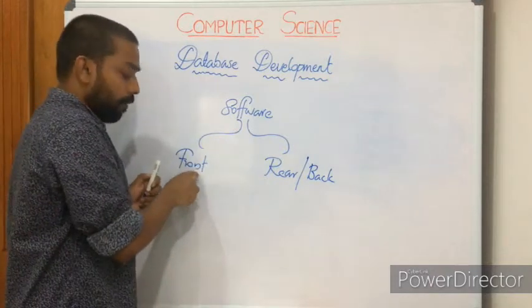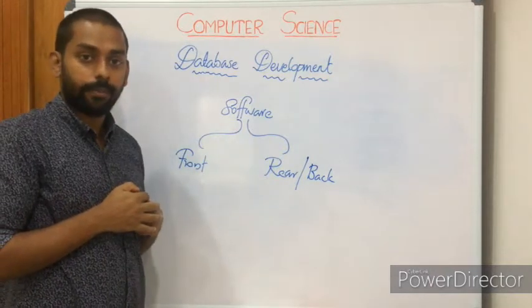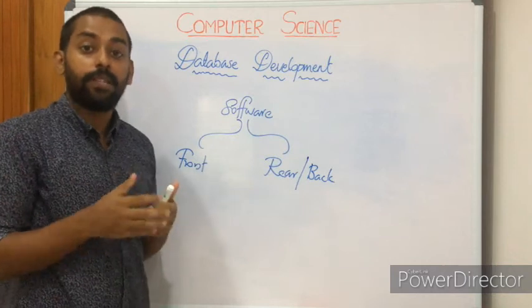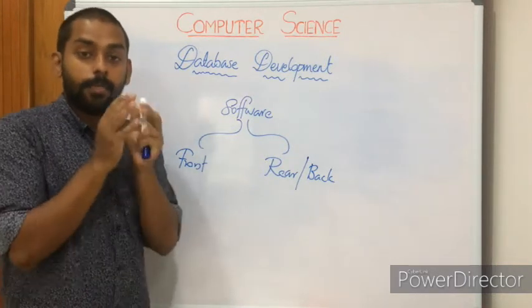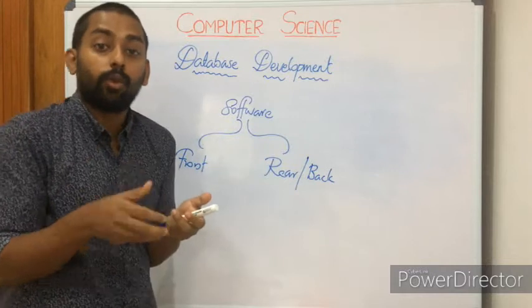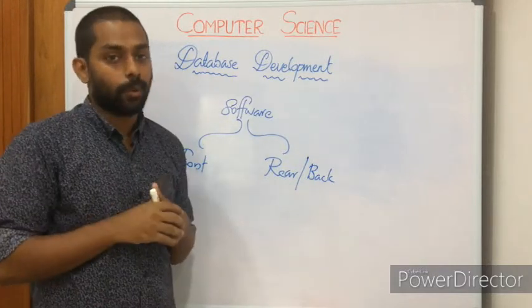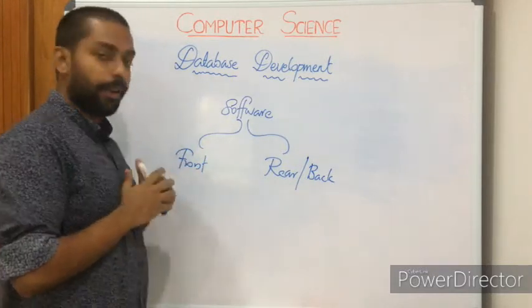What do you mean by front end? Front end means the visible part of a software, the part or the interface through which we are interacting with a software.